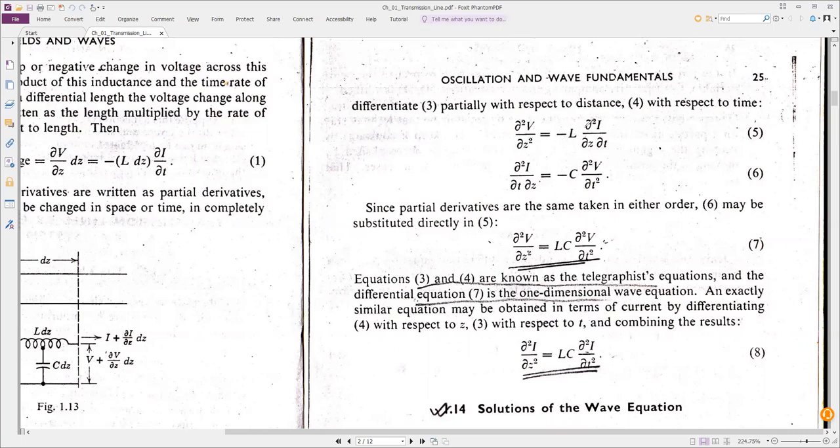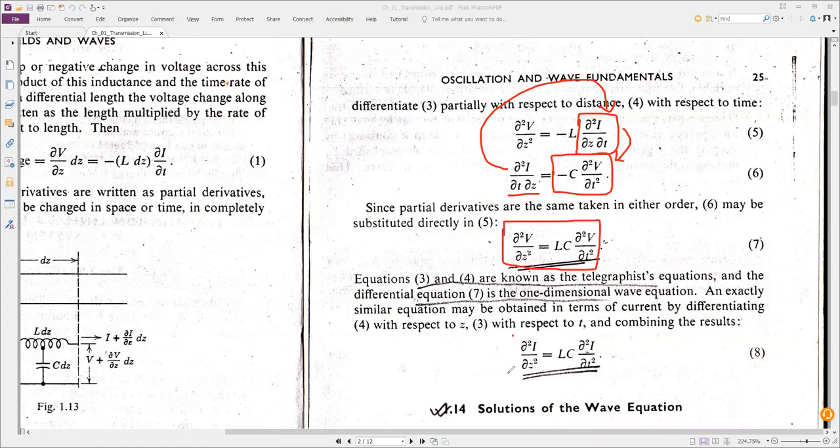Instead of this one, we can write this one, because these two are the same. Just instead of this, you can write this. So it would be LC del squared V by del t squared. So that is the first equation.